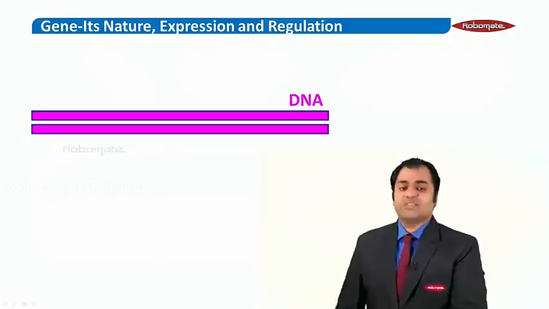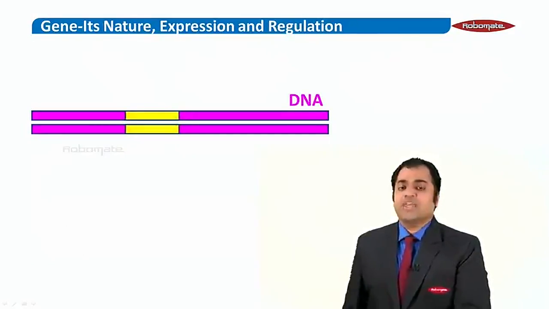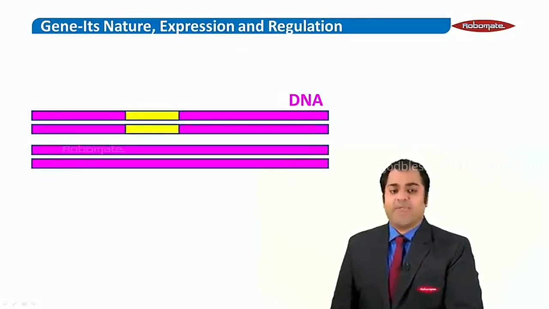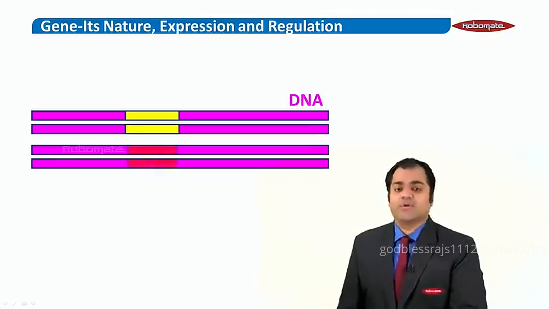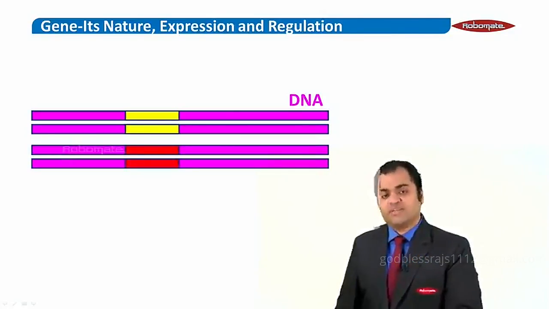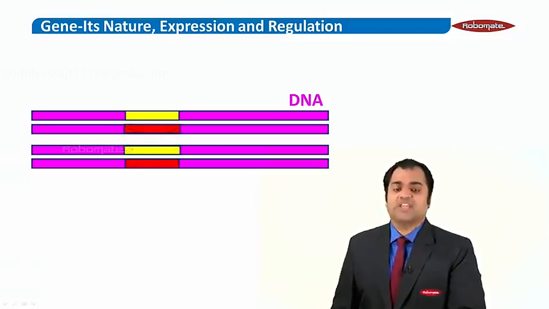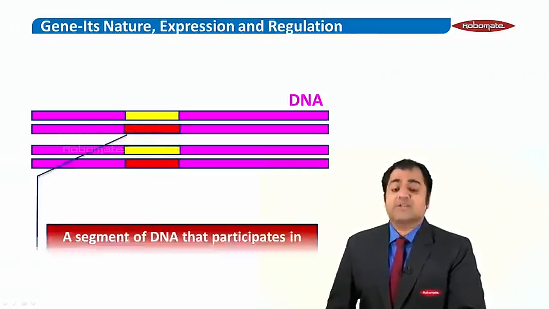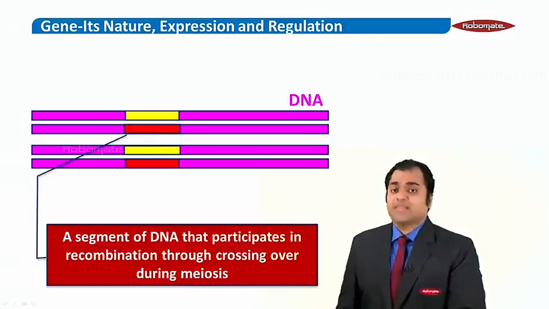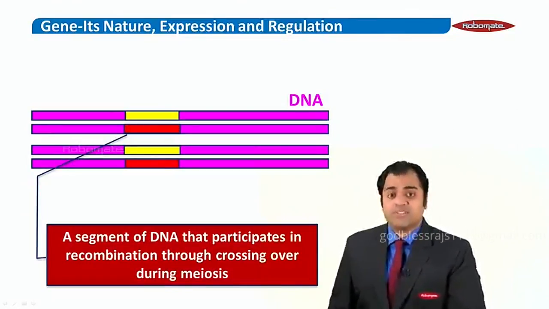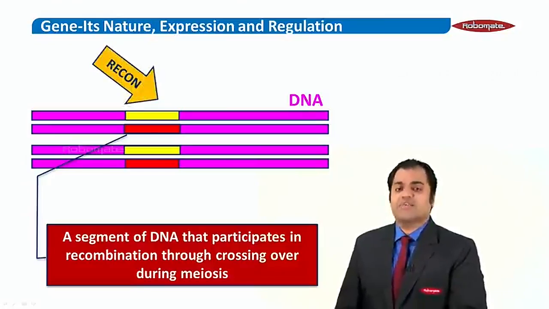Now let's look at this third one. Once again you see the DNA here. You see that small area right there, which would originally be called a gene. Now I'm looking at a pair of it, and here I'm going to show the same pair of genes. Now see what is happening. Crossing over will take place and the genes will get exchanged, right? So this segment of DNA that participates in recombination through crossing over during meiosis is going to be called a recon.